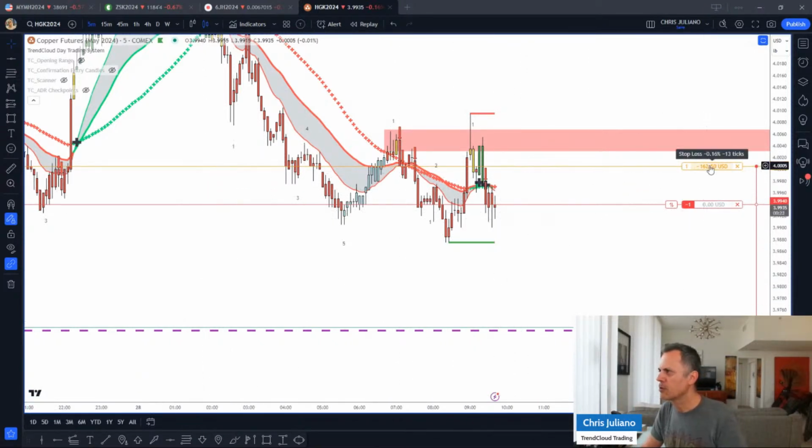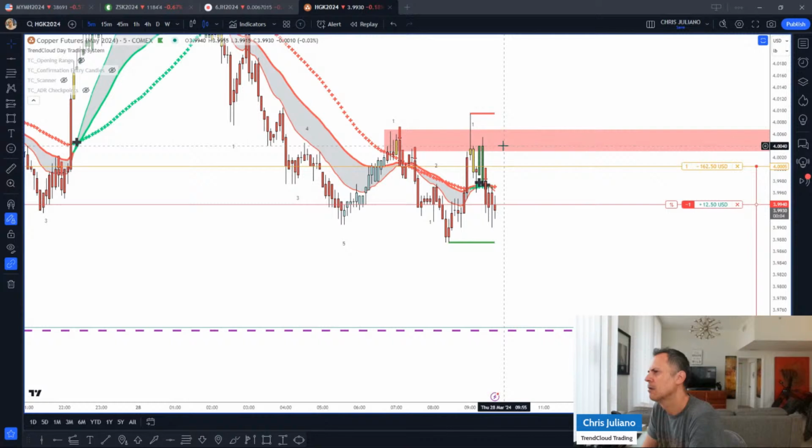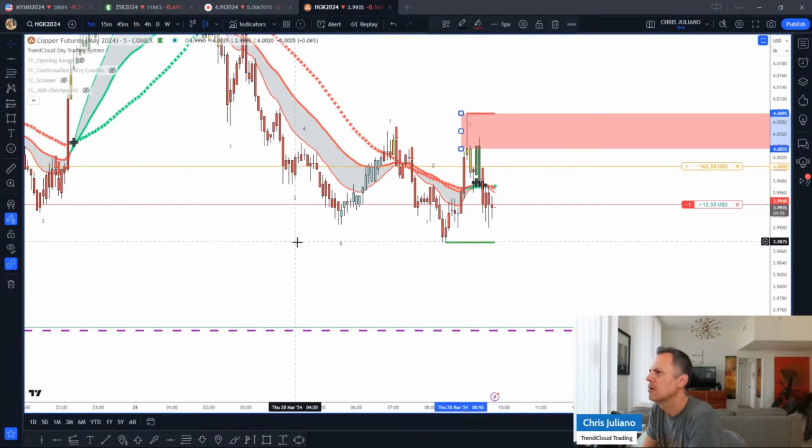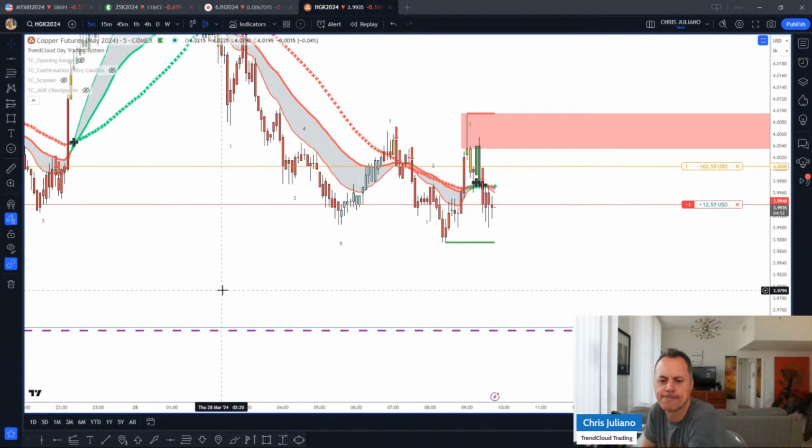We're under $200, right? That gives this a little bit of wiggle room. If this breaks above all this structure here, then you have to say to yourself, okay, we're probably heading back to that area there.